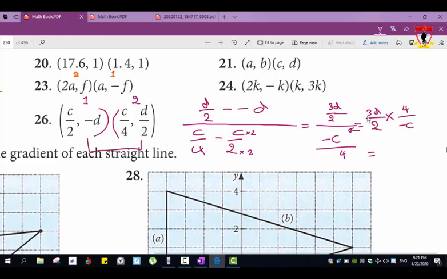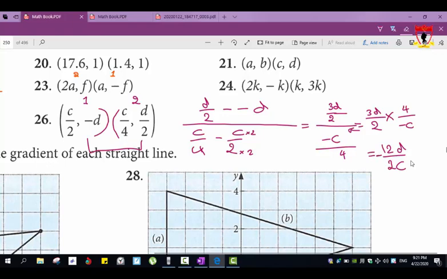Now multiply. 3d times 4 is 12d. 2 times negative c is negative 2c. Can we write this negative here? Yes. Then we have to erase this. Done. 12d over 2c.